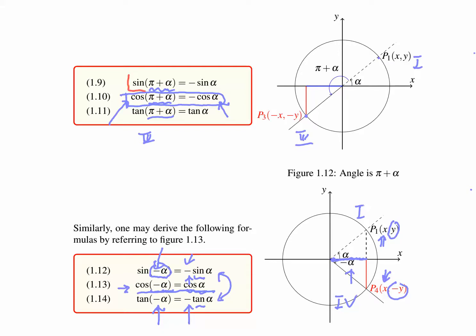This one. So sine pi plus alpha equals negative sine alpha. Here alpha in our case was pi over 3. You can replace this alpha with pi over 3, or with any angle.